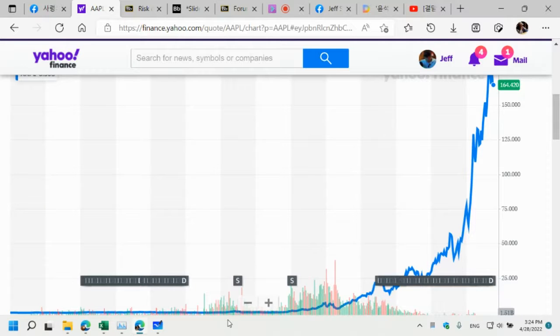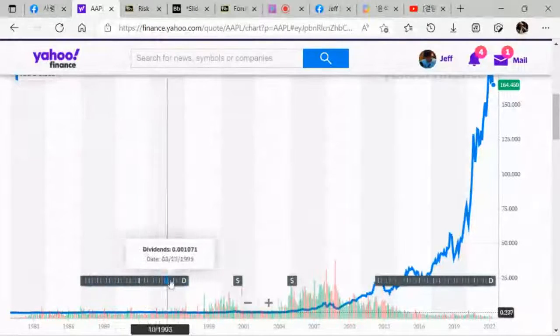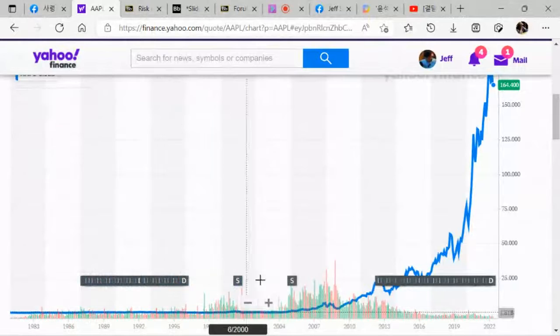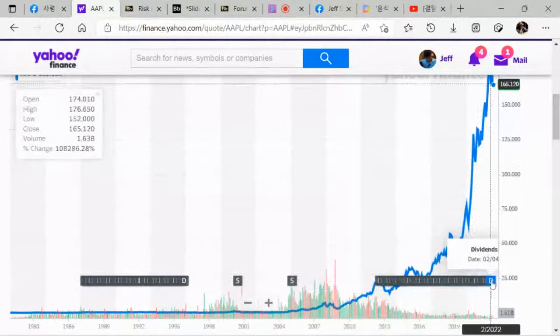So think about it. Over 40 years, Apple had at least something like 5-6 splits. And all of these, what do you think they are? They are like dividends when they paid dividends, and these are splits. There were also splits here.